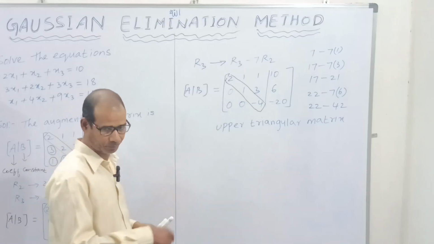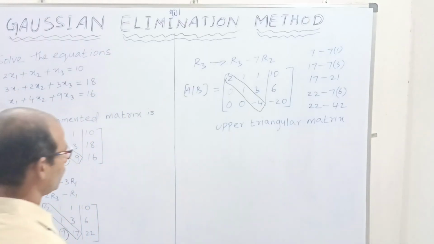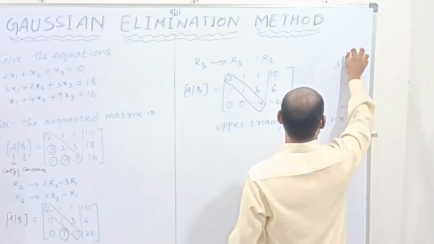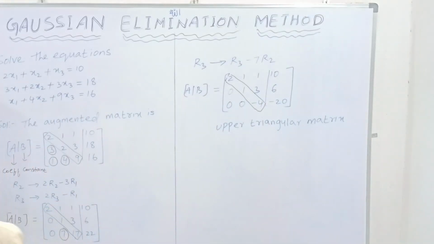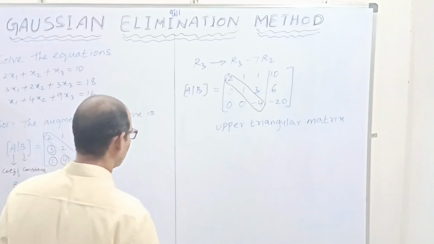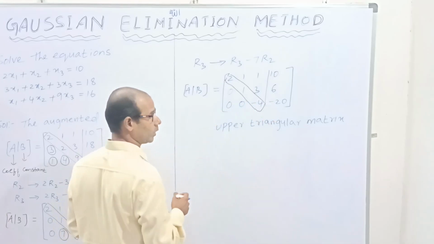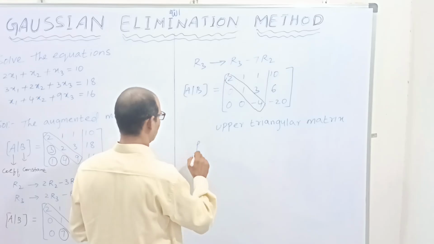Now this is the upper triangular matrix, so we can find the solution by backward substitution. From here we will write down the equations.